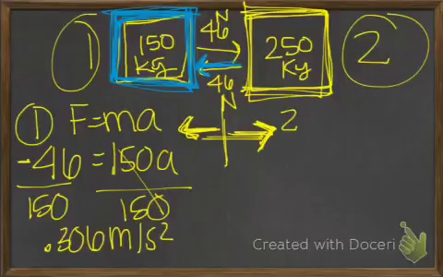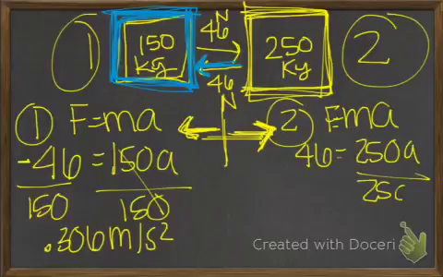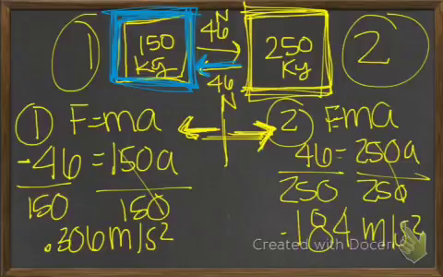And for object 2, in your F equals ma, your force again is 46 newtons. Your mass is 250. Your acceleration ends up being 0.184 meters per second squared.